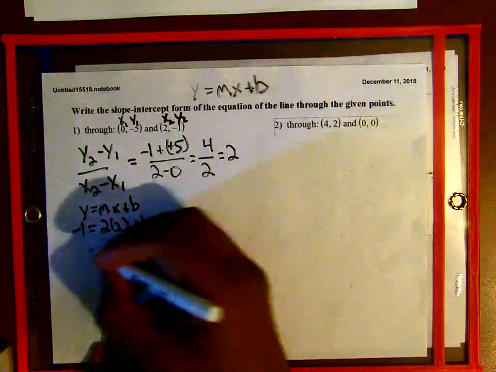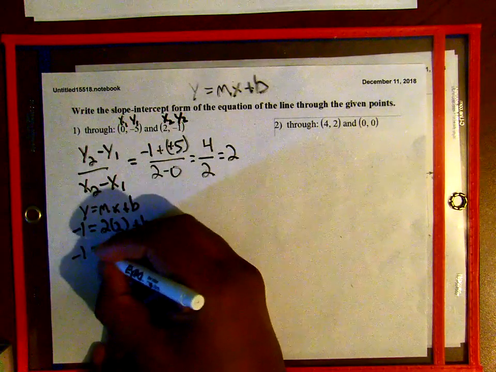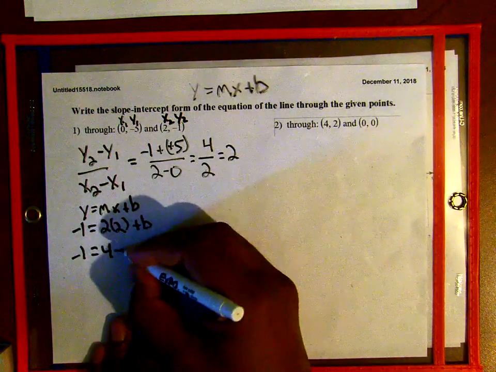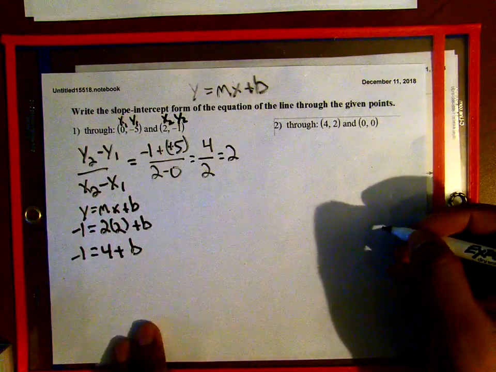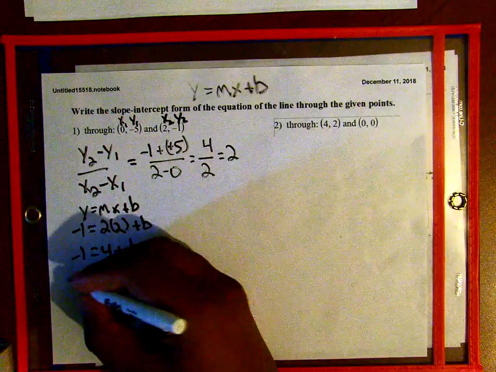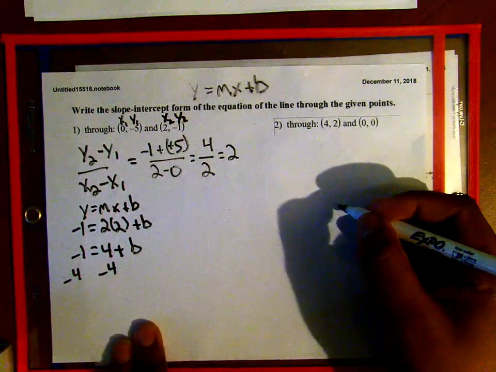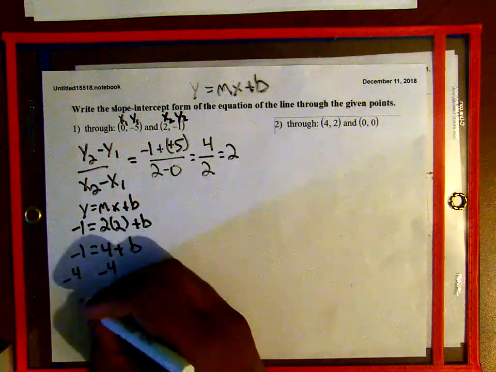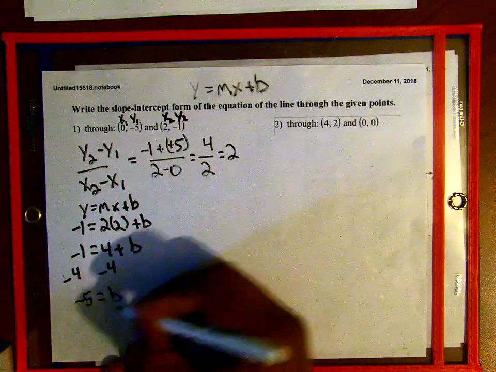Then 2 times 2 is going to give me +4, plus b, and then I'm going to subtract 4 on both sides. So -1 minus 4 will be -5, and that's equal to b.